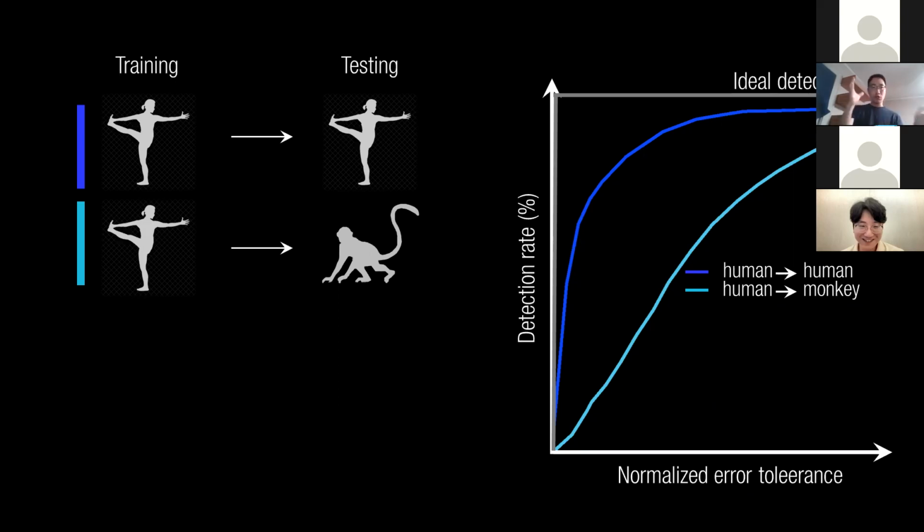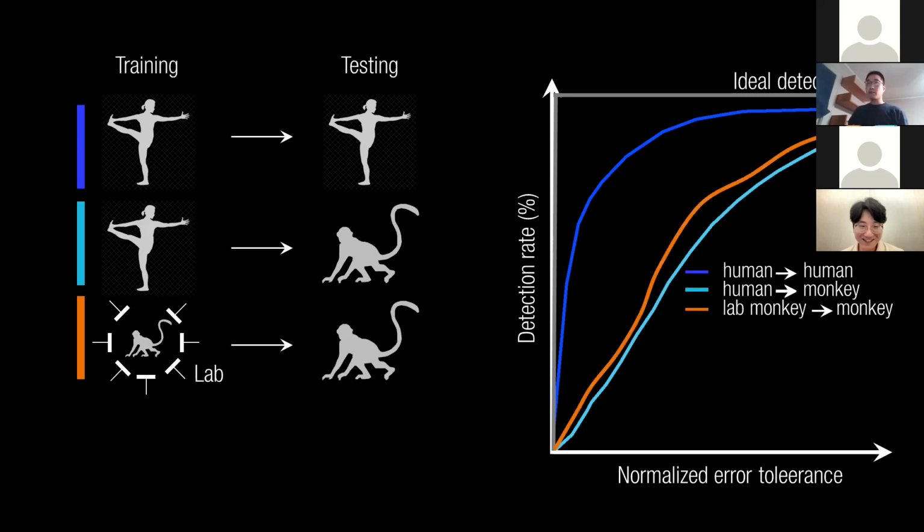So we train the model on the human and then apply it to the monkey. It doesn't work. I mean, that's expected. Now I'm going to change my model. I'm going to use the model that is trained on the OpenMonkey Studio dataset, which is monkey data, and then apply it onto in-the-wild monkey images like the zoo data.